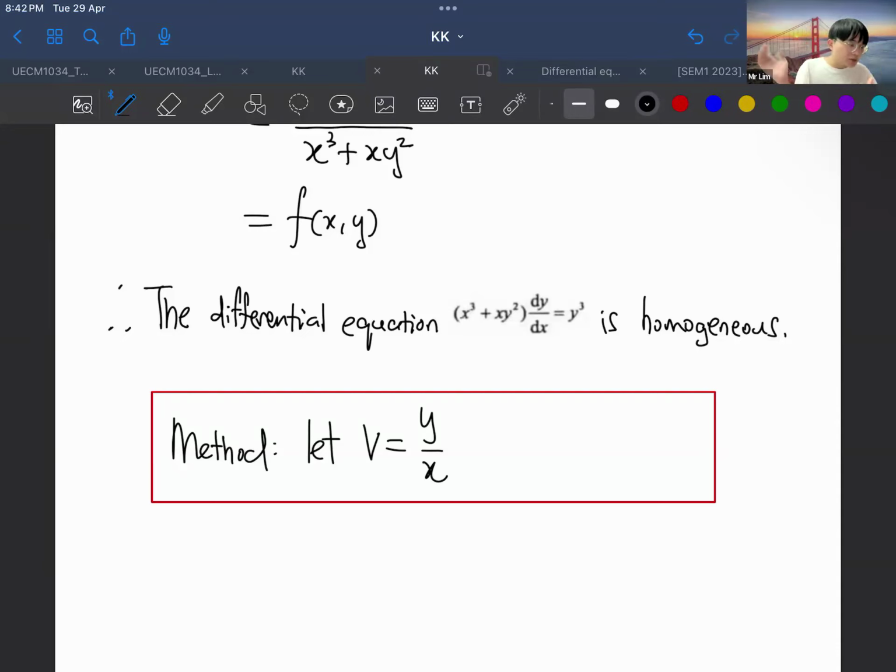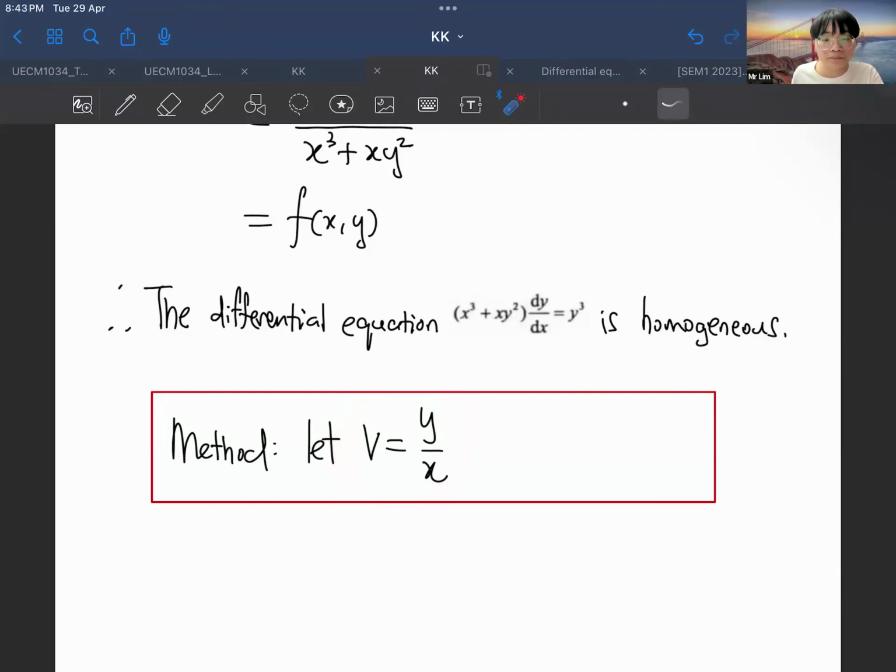You learn substitution. After separable and linear, there is a short subtopic which talk about substitution to transform DE into either linear or separable. So here, a homogeneous differential equation tells you what kind of substitution you can use. And that is called this one, V equal to y over x.